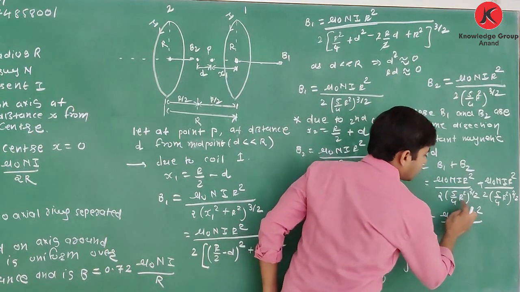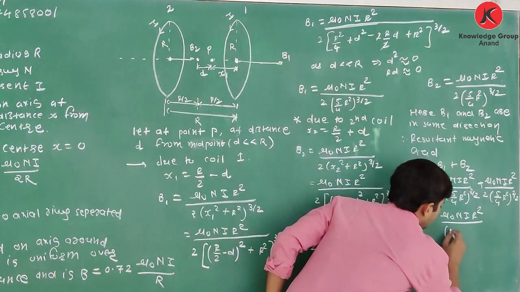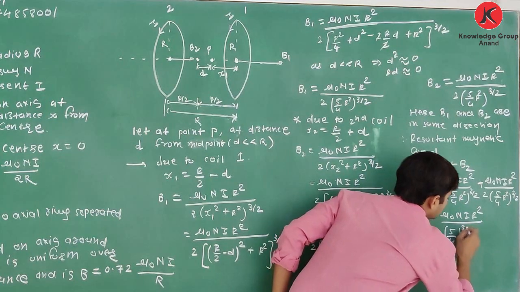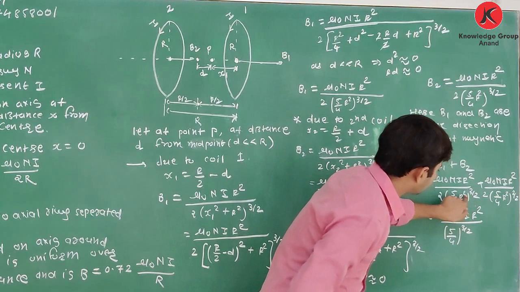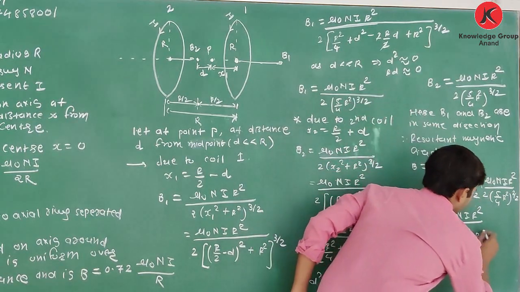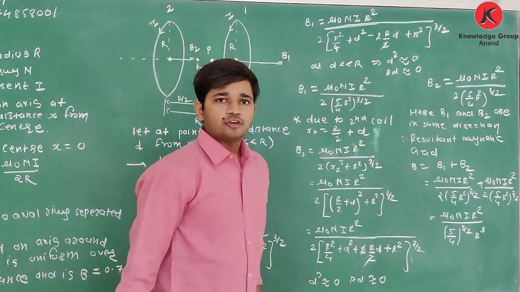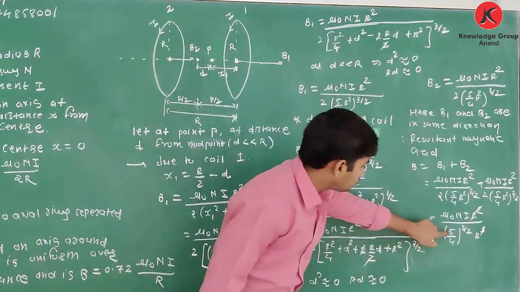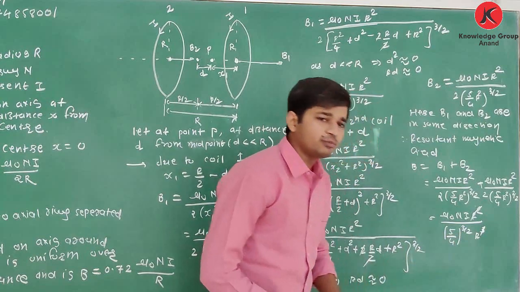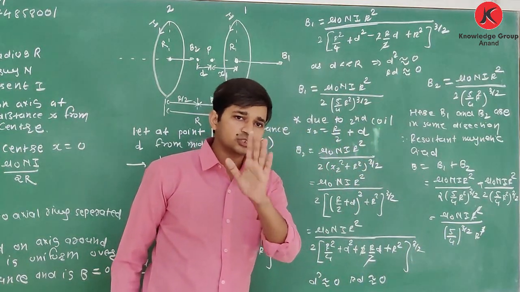How to write this term? (5 by 4 r square) raised to 3 by 2 means I can write (5 by 4) raised to 3 by 2 times r square raised to 3 by 2. The square and square root cancel out, so it is r cube. Now how to simplify 5 by 4 raised to 3 by 2?